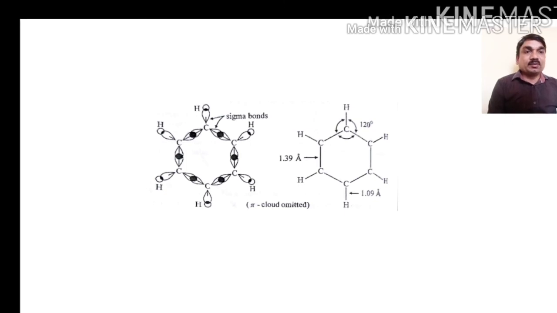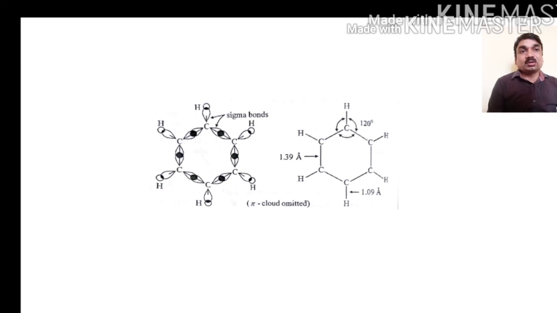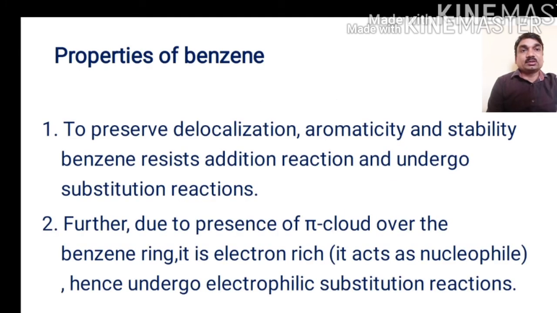The bond angle between any bonds in benzene is 120 degrees. The bond length between all the carbon atoms in benzene is 1.39 angstrom, which is intermediate between the bond length of a carbon-carbon single bond and a carbon-carbon double bond. This clearly indicates that all carbon atoms in the benzene molecule are the same, so the evidence of delocalization of pi electrons within the molecule is confirmed.